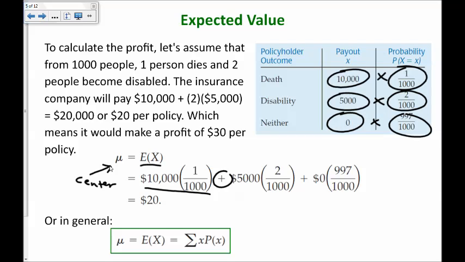That's how we find the expected value. Now in general, here is the formula, which uses again this summation sign to add up all the outcome values times the probability that that value would occur. That's how you find the expected value.